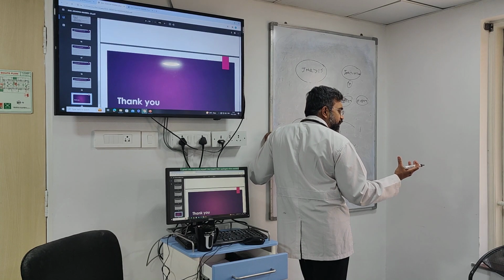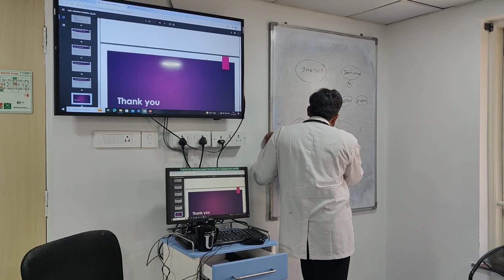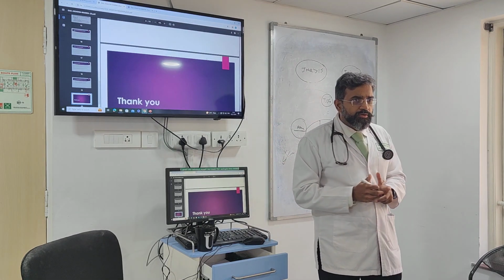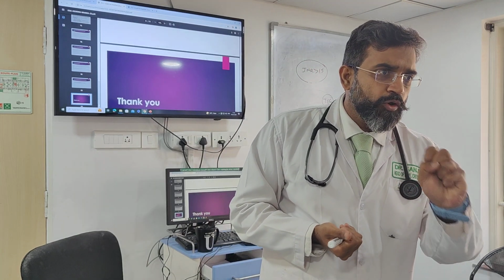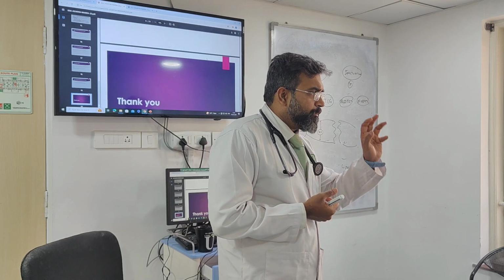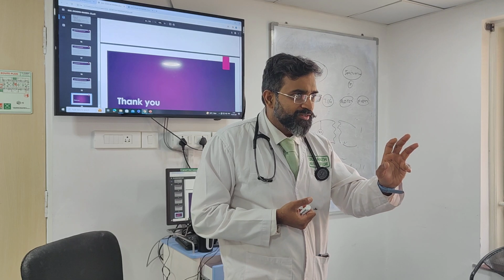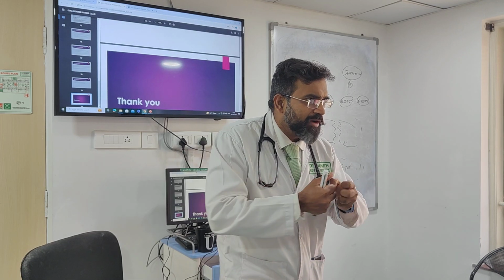We want the platelets to join together and become a strong clot. So this part is called the maximum amplitude. The maximum amplitude actually signifies the strength of your clot, and the strength of your clot is a factor of platelet function and fibrinogen function. It's how strongly the clot is binding.